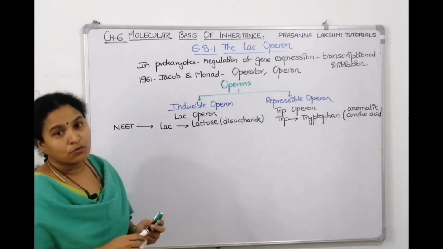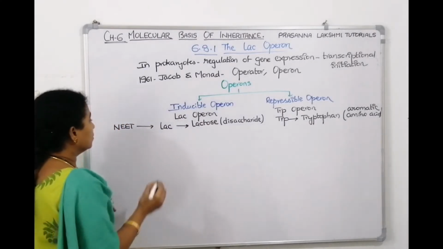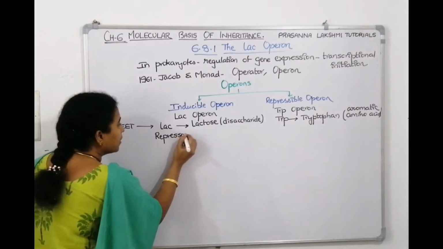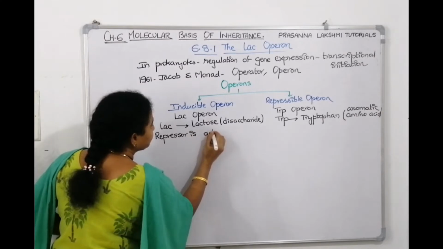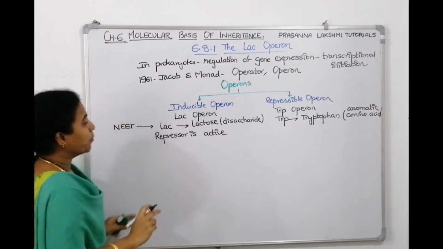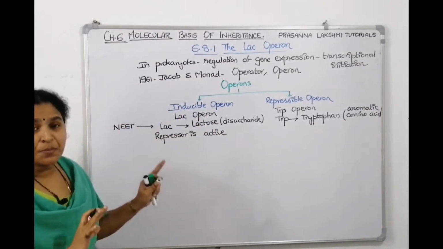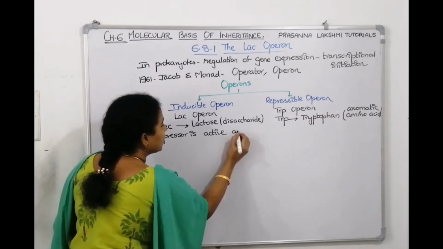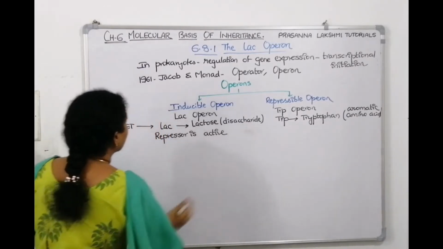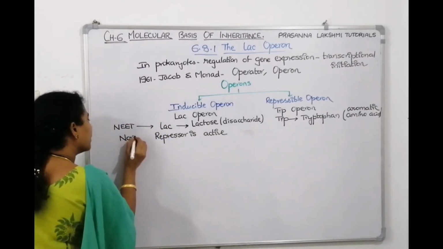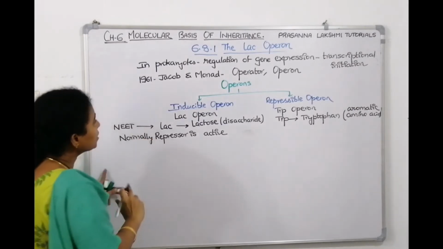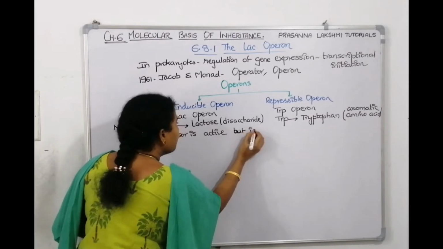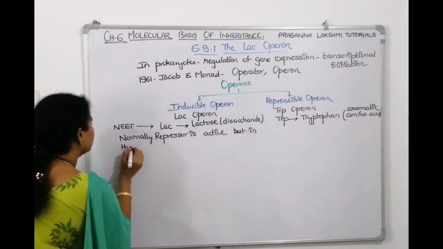Now here in inducible operon, the repressor is active. What is repressor? You will understand. We can tell that normally in inducible operons, repressors are active.